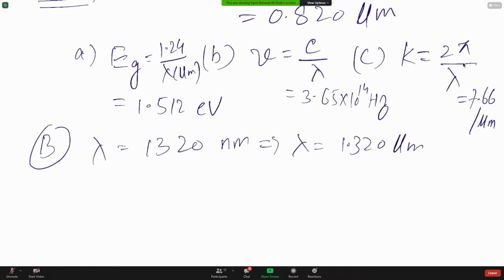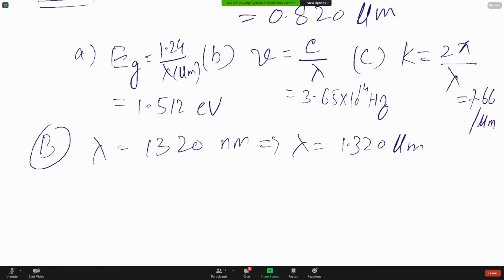I put 2 pi over lambda with the correct units, 0.82 micrometers, and that would cause this to be 7.66 times 10 to the 6. My question is, do you want k to be divided by micrometers? What we did, we never took the chance, and we never wrote 10 to the power minus 6. We just put micro.